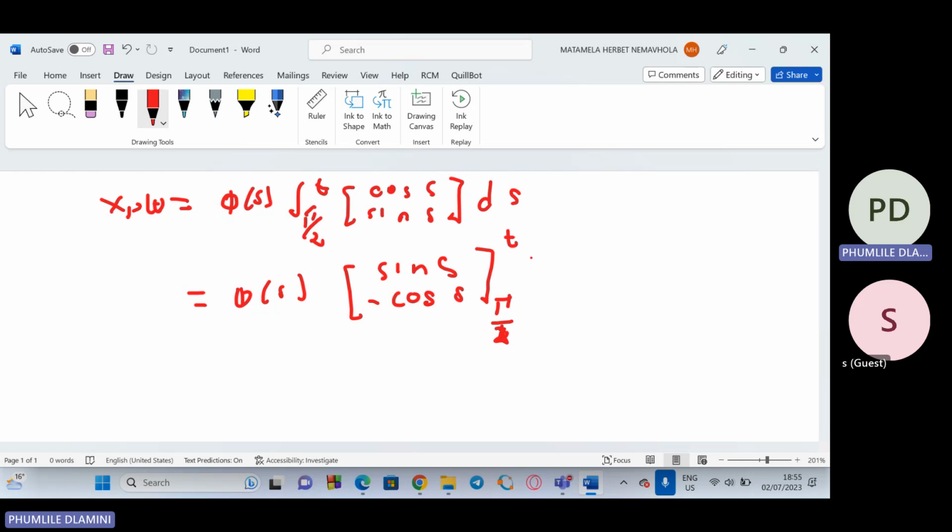So now what will happen? We are going to substitute the t and pi over 2.